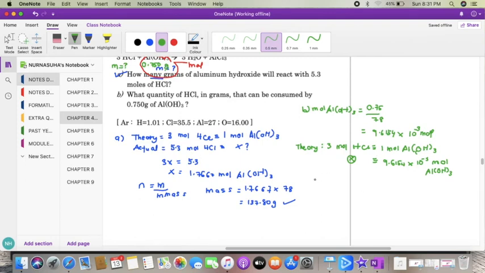Okay, now let's focus on finding X. So, X times by 1, you should get X. Okay, 3 times 9.6154 exponent negative 3, you should get 0.0288 mol.